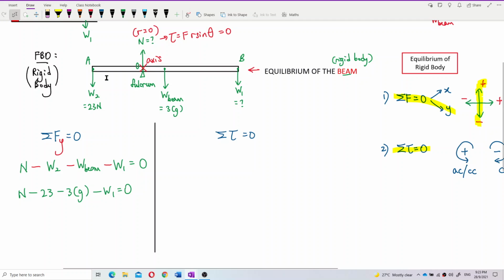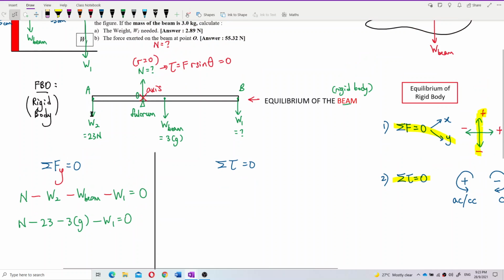If the axis of rotation is over here, how does W2 rotate the object? If the axis is over the fulcrum here, this W2 will make this object rotate. Rotate what? You're not sure? Draw it out. You draw from the axis of rotation and then follow the force.